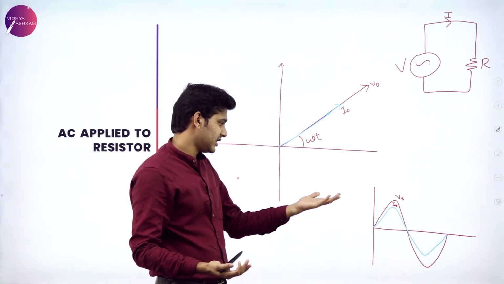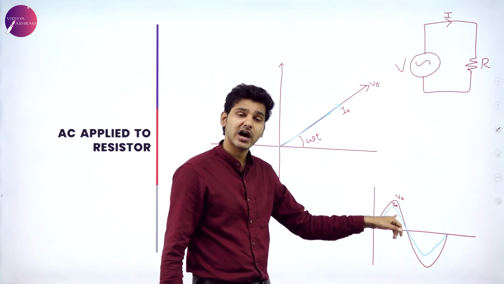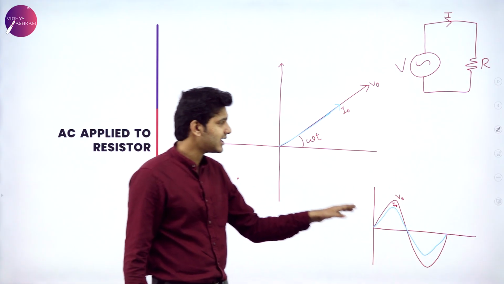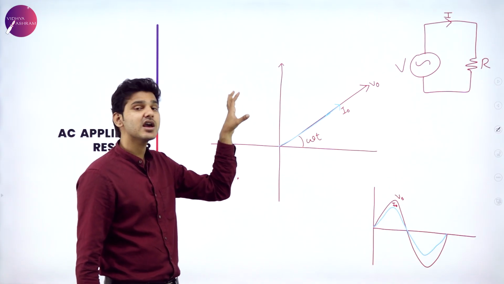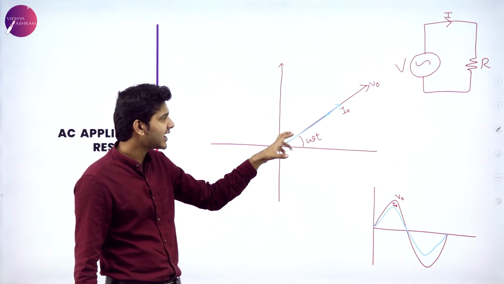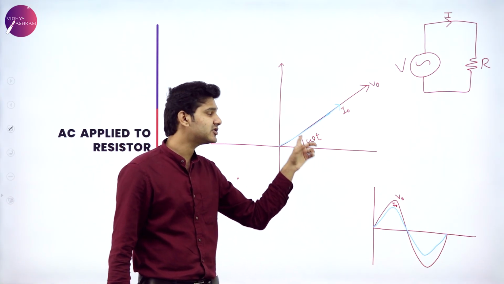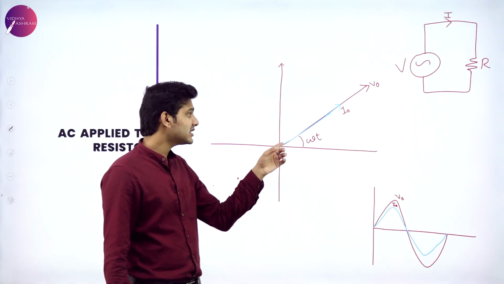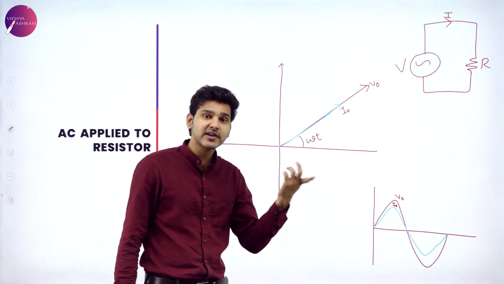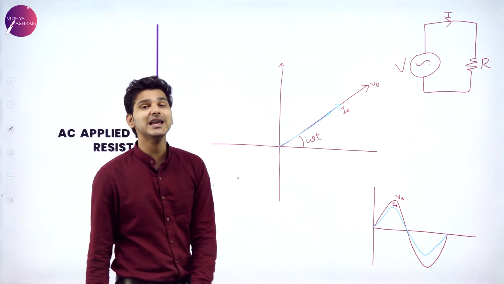In this particular circuit there is no other problem, because using a rotating diagram or simply a phasor diagram, the phase difference between them is 0 degrees.